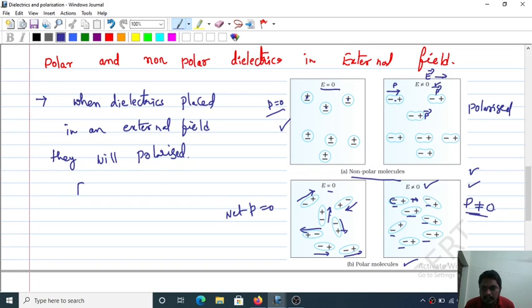This is called polarization. The polarization is directly proportional to the electric field. Polarization is nothing but dipole moment per unit volume.